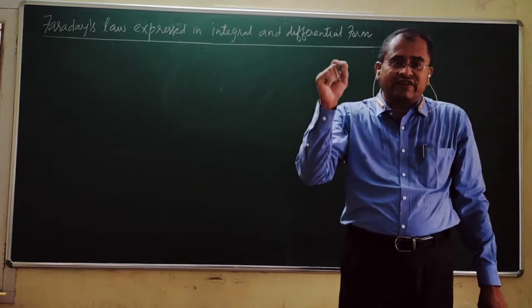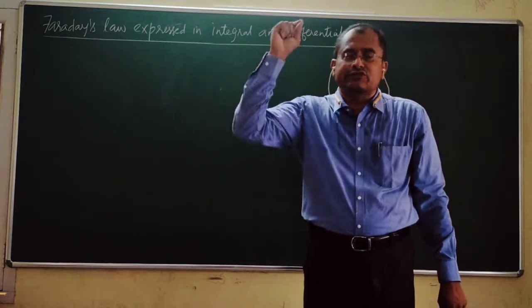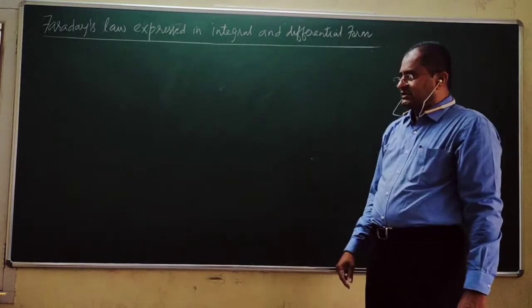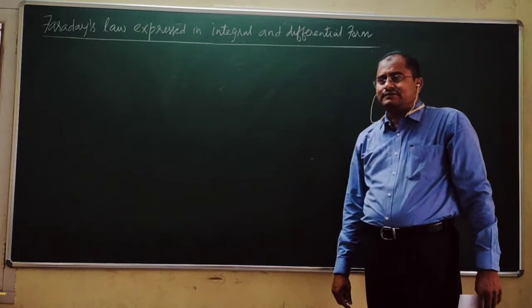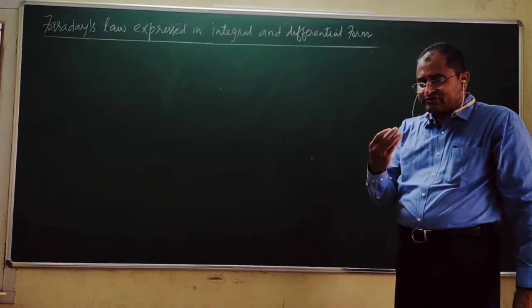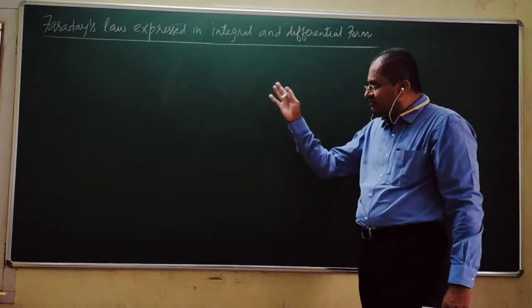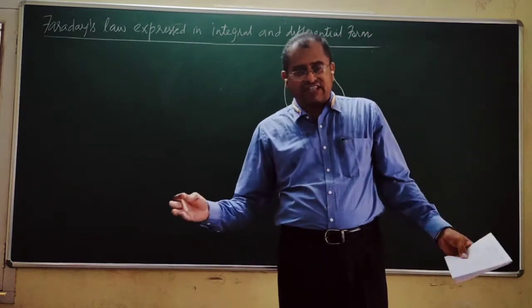Line integral of electric field will give you induced EMF. All these things are familiar to us from unit 1. My statement would have confused you. Don't worry. The moment I write an expression, everything will be clear to you.